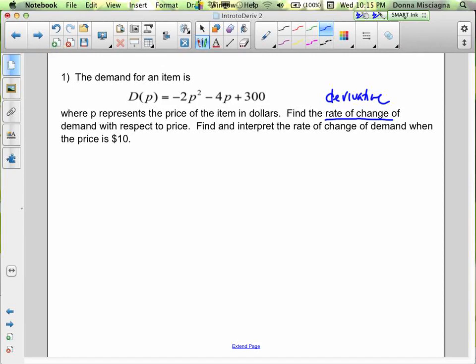Right? And notice we're looking at a specific point. We're not looking between two values. So this is our derivative, which is also the instantaneous rate of change. All right, so we're going to take the derivative. Right?